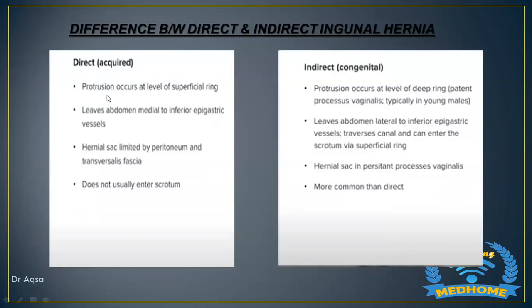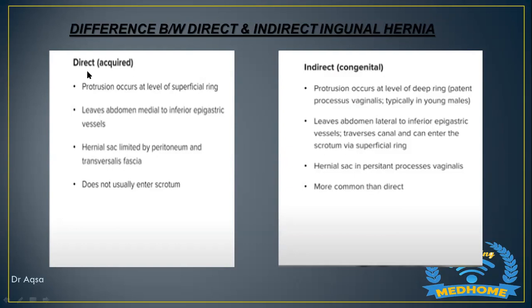Direct inguinal hernia occurs at the level of the superficial inguinal ring, that is, below, while indirect inguinal hernia occurs at the level of the deep inguinal ring, embryologically the area of the processus vaginalis. It usually occurs in young males.